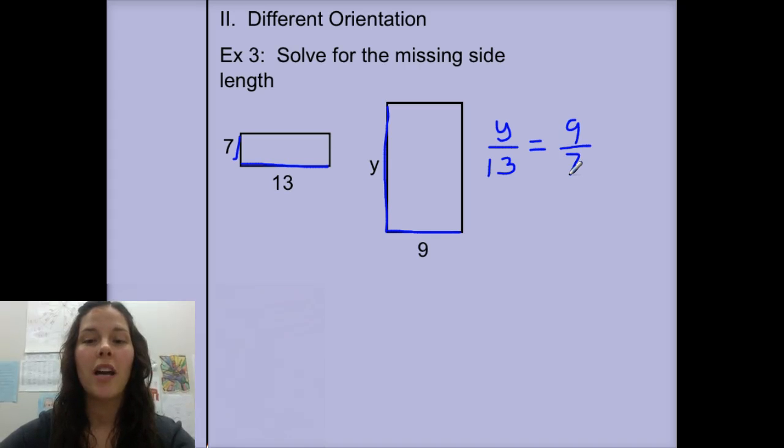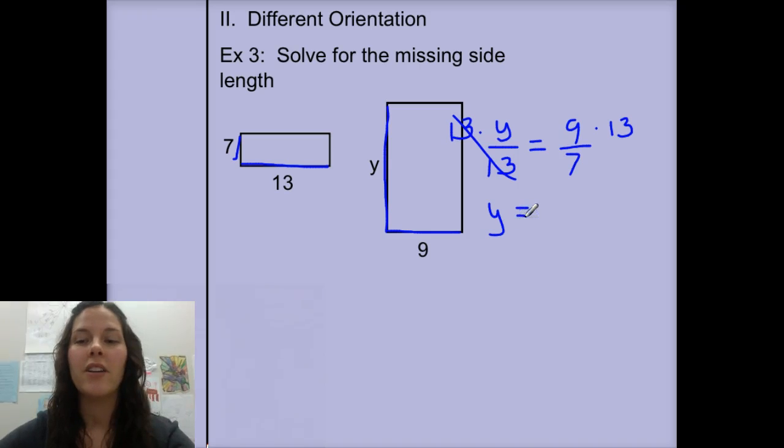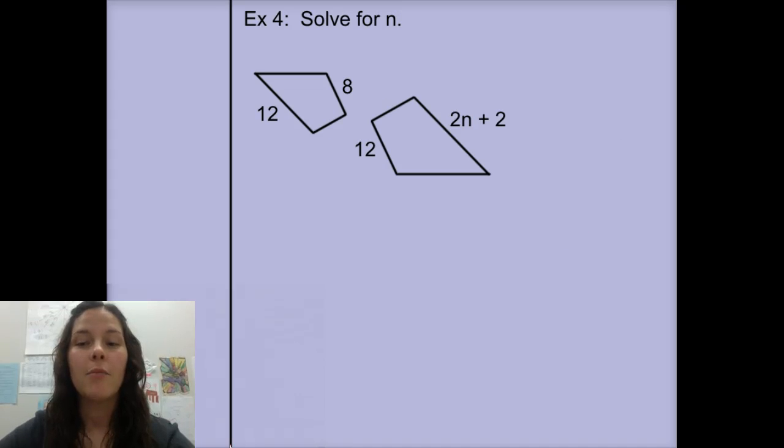In order to solve for y, I need to multiply both sides by 13 to cancel my denominator. 13 has no common factor with 7, and neither does 9, so I'm going to multiply 9 by 13, and that will give me 117 over 7.